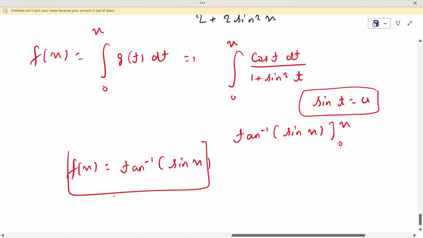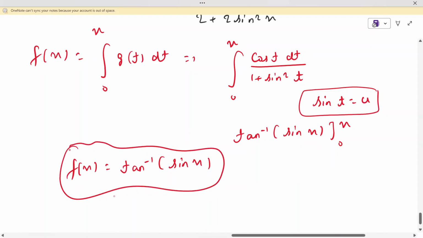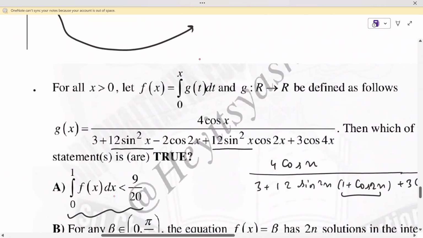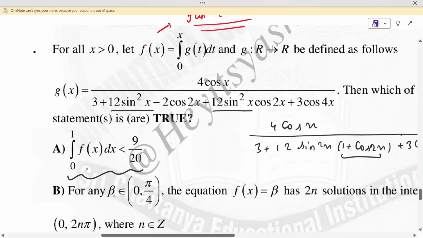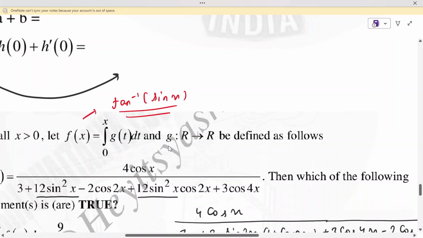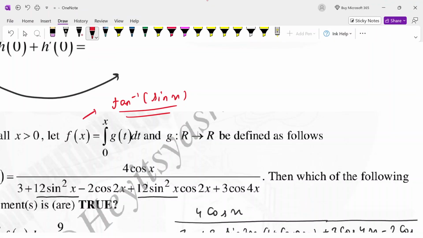First of all, this question. Let's move to the next. So f(x) equals tan x sin x, and take it from 0 to 1, right? Fine. So do you remember the expansion of tan inverse x?